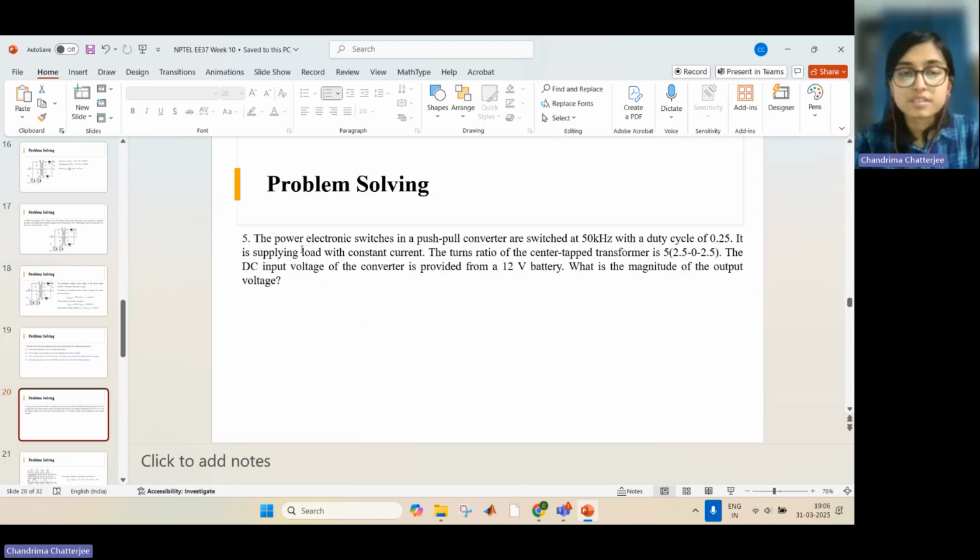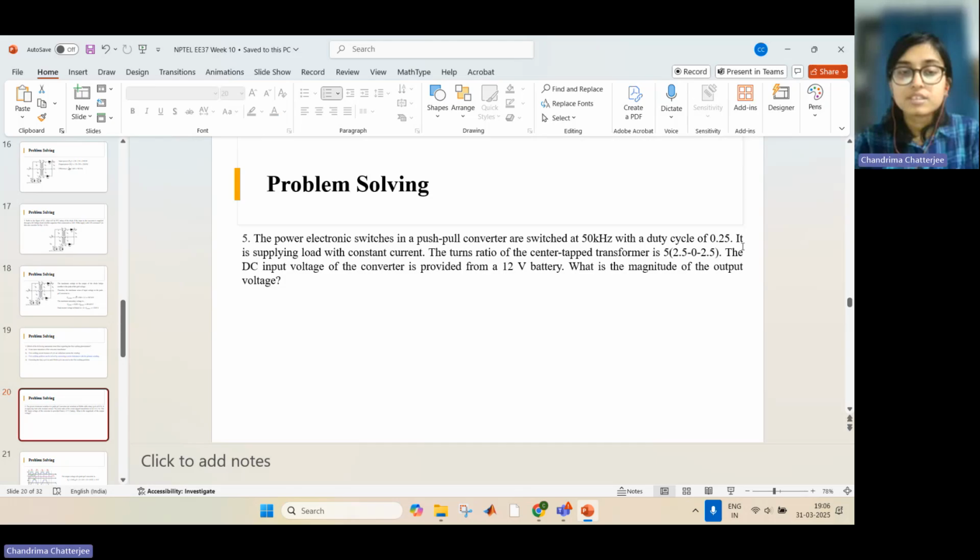The next problem says that the power electronic switches in a push-pull converter are switched at 50 kHz with a duty cycle of 0.25. It is supplied with constant current. The center tap transformer turns ratio is 2.0.